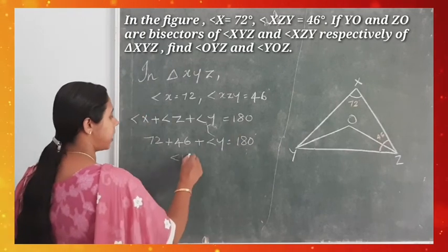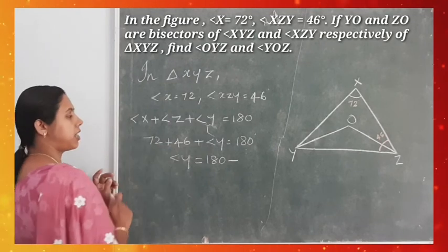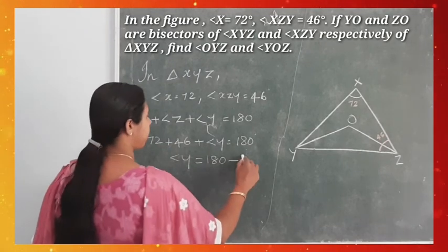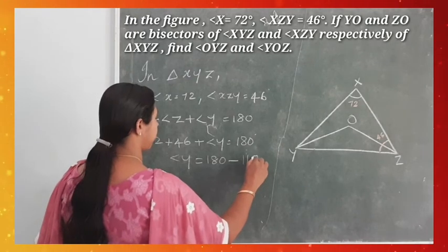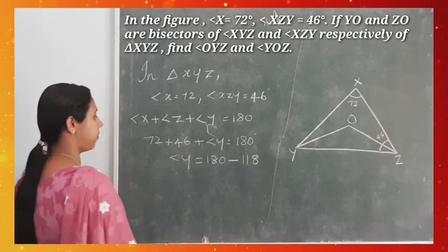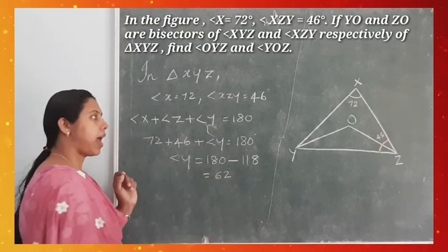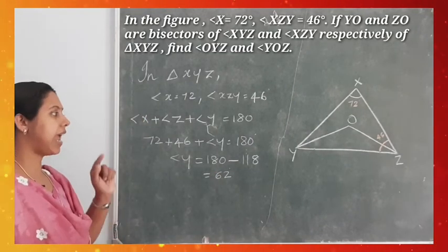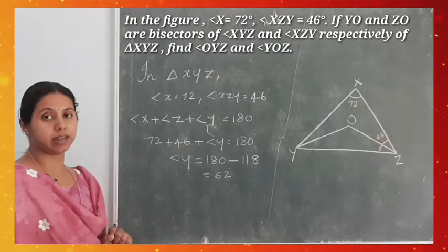So angle Y is equal to 180 minus 72 plus 46, that is 118, which is equal to 62. So angle Y, that means angle XYZ, equals 62 degrees.